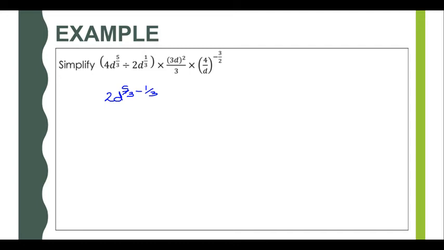And then let's simplify each of the following terms. So if we look at the next term, the whole bracket is squared, so that means we square each term inside. So that gives us 3 squared d squared divided by 3. And the last term is a rational number to a minus power, which is the same as flipping the fraction and writing it to the power without the minus.